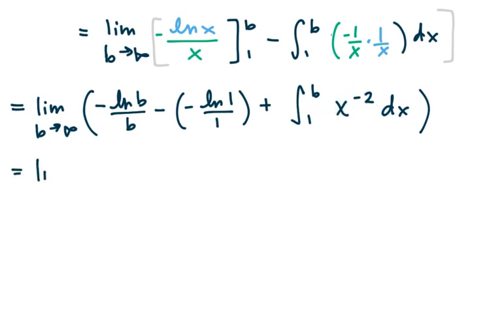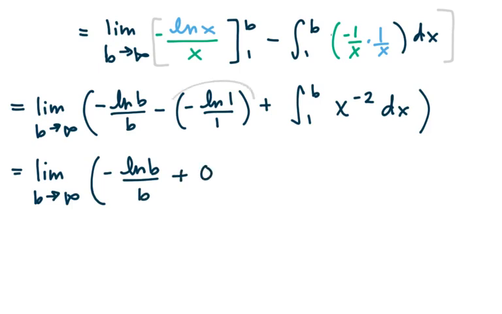So I've got the limit as b approaches infinity of negative natural log of b over b, plus 0. This is 0, so we don't need to write that. Plus integrating this using my power rule, I'm just going to get negative x to the negative 1. And that needs to be evaluated from 1 to b.